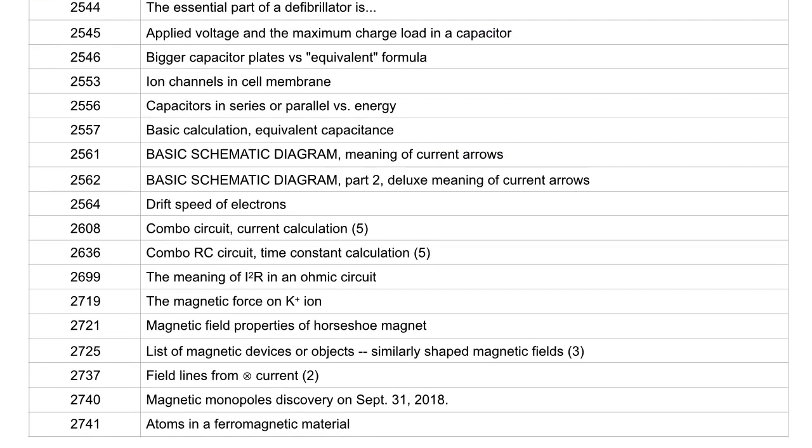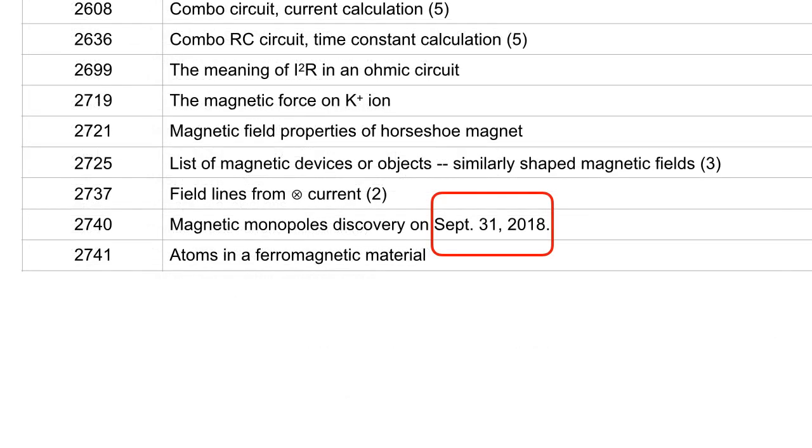So now, last thing I want to point out to you is down here at 2740. And let's just focus in on number 2740. Magnetic monopoles discovered September 31st, 2018. Now, what's the problem with that?